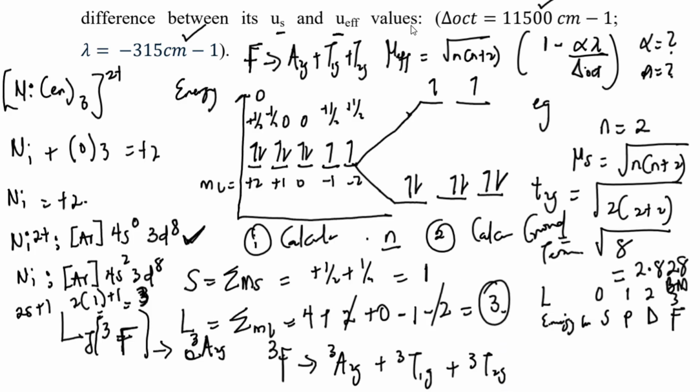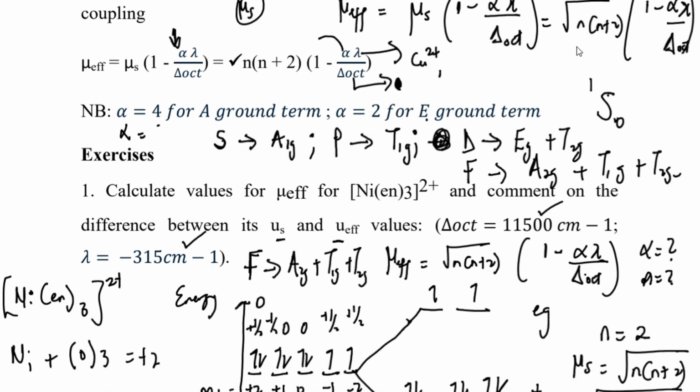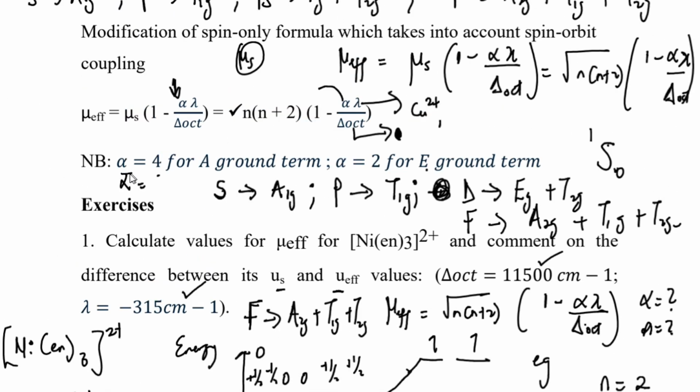So the next thing we need to do is to calculate this value. So this becomes 1 minus. Now looking at the alpha, let's look at the table for alpha. So we have it from here that alpha is 4 when the ground term is A, right?